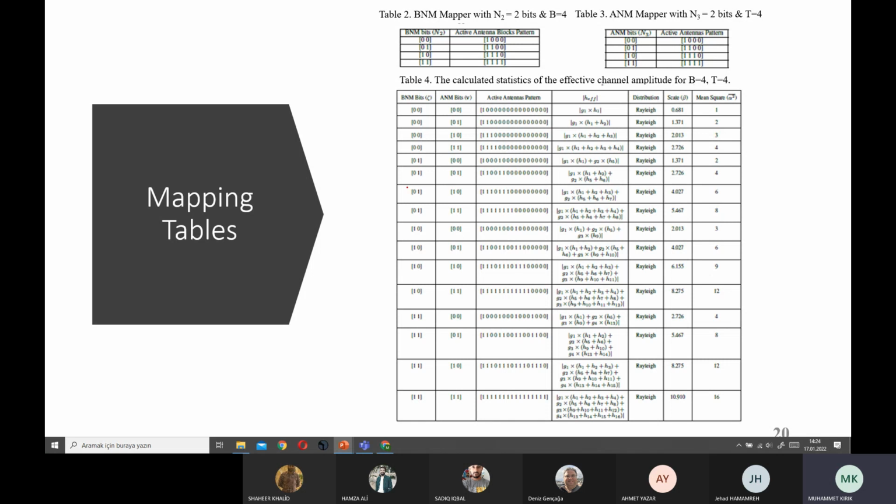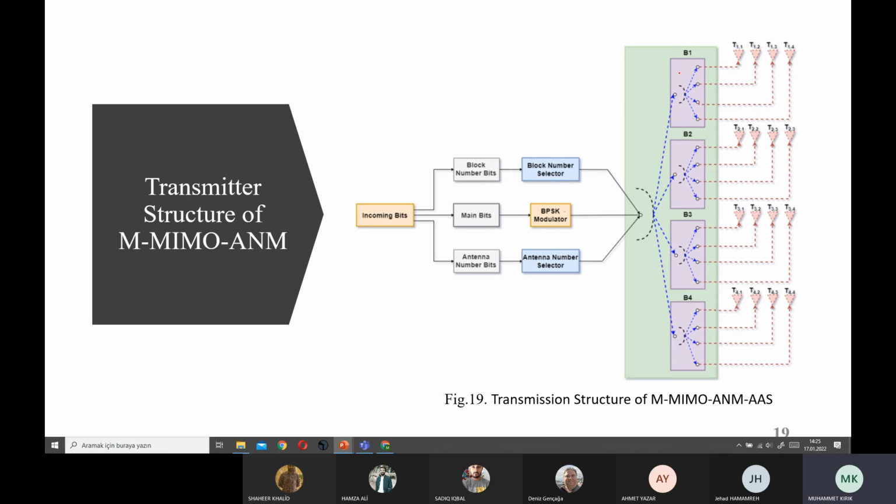So we can take a look at this one for understanding the concept better. In the BNM bits, we have 0, 1, and in the ANM bits, we have 1, 0. Which means that we are activating two antenna blocks, and we are activating 3 antennas in each of these antenna blocks. So if we come here, let's just say we are not doing any adaptive antenna selection or block selection.